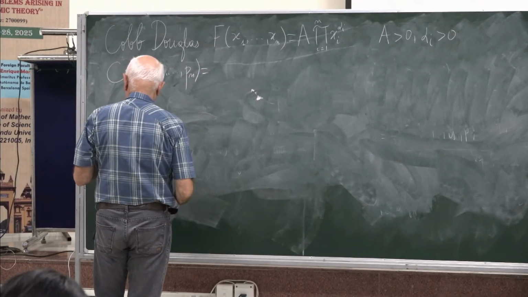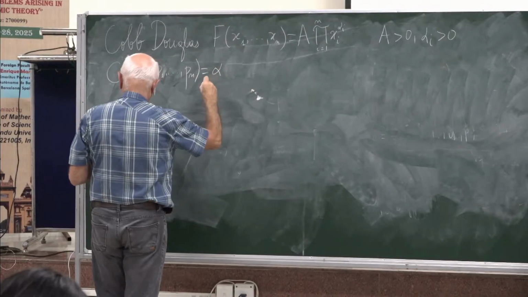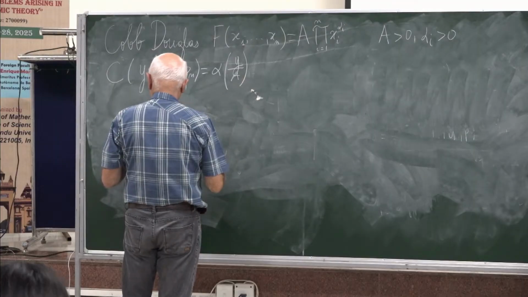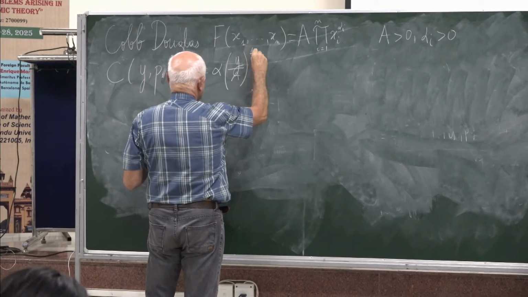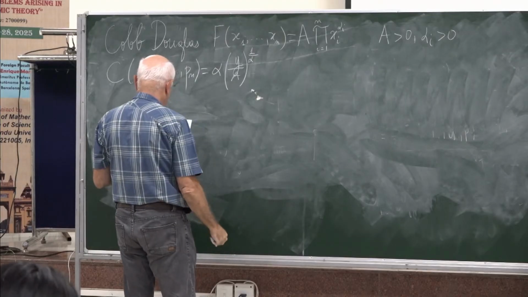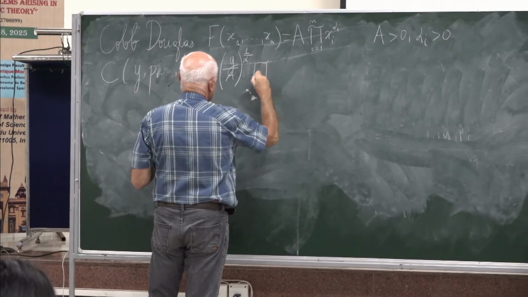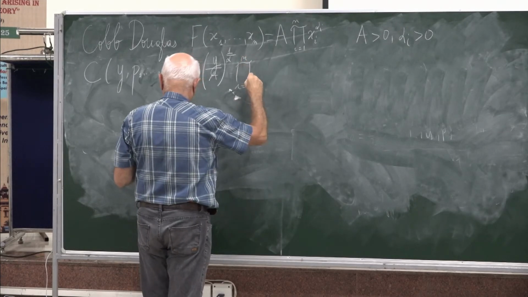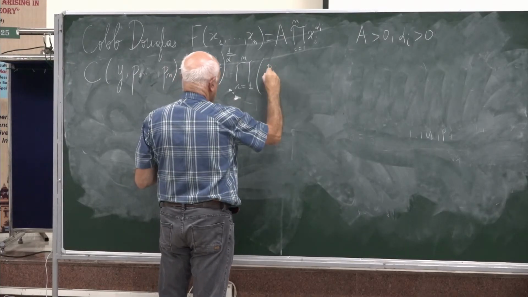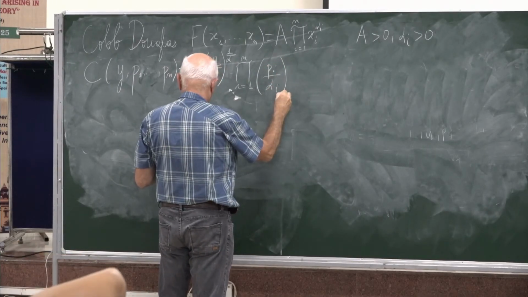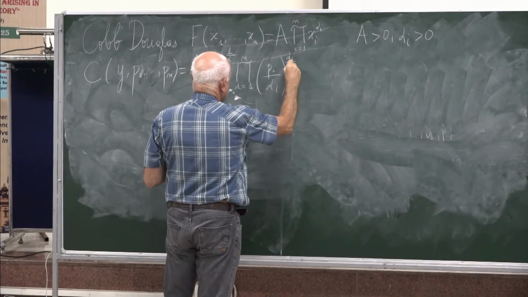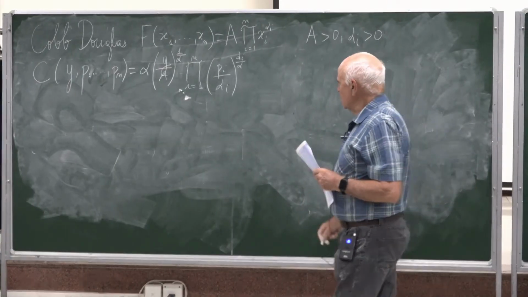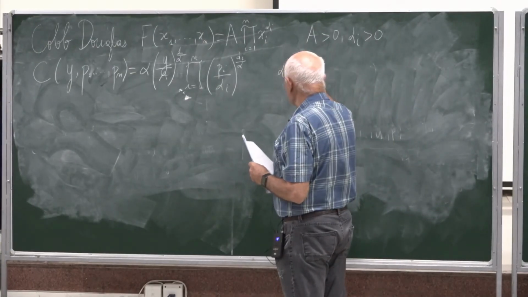The cost function is alpha times (y over A alpha) to the power 1 over alpha, times the product of (p_i over alpha_i) to the power alpha_i over alpha, where alpha is the sum of the alpha_i's.